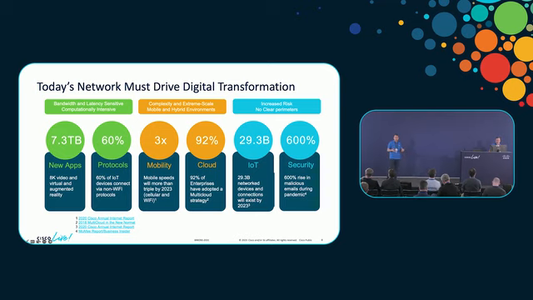Another thing is the agility. Currently, the users are moving between the campus, the branches and the home office, and the applications are moving between the data center and the cloud. The question is how the network is supporting these changes, and how do we make sure that we deliver consistent access to the applications?